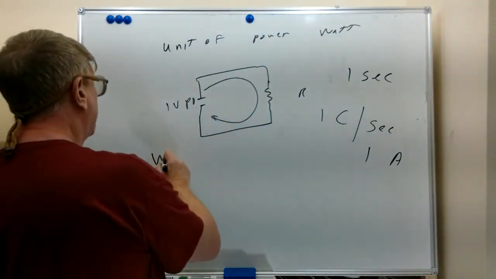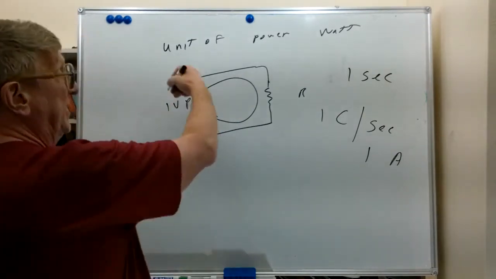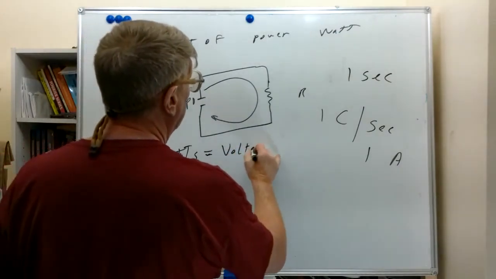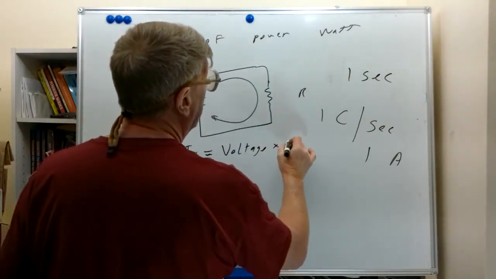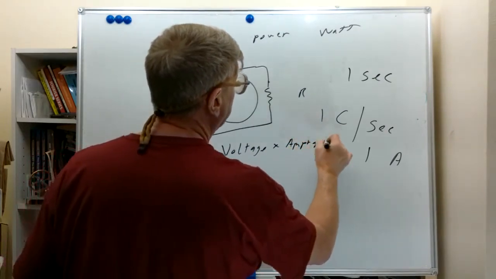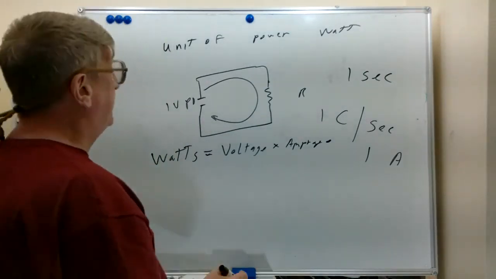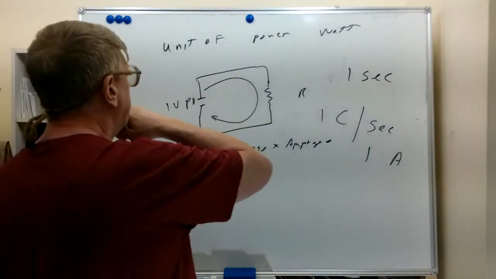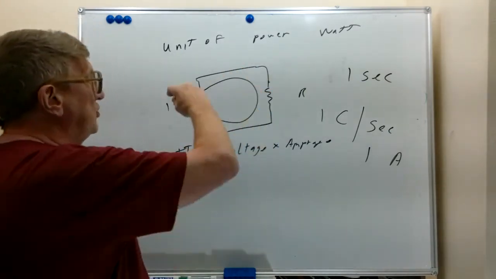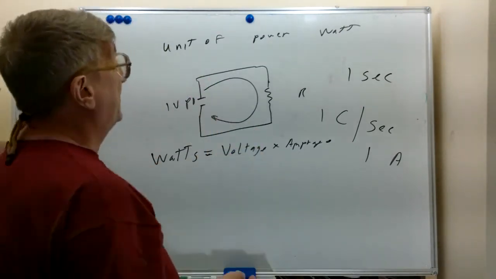Now, watts is equal to potential difference, voltage, times amps, amperage. So a watt would be the amount of power required to move 1 coulomb of charge through a potential difference of 1 volt in 1 second.